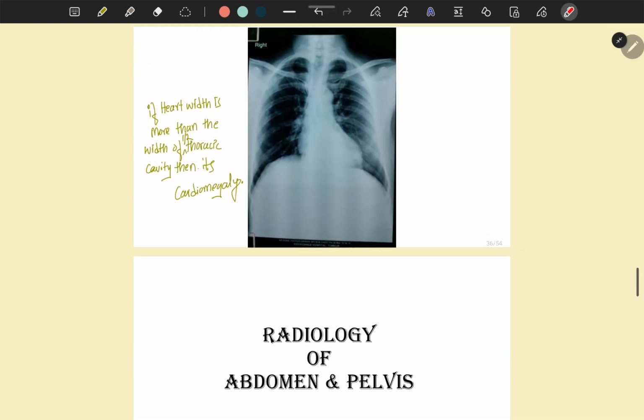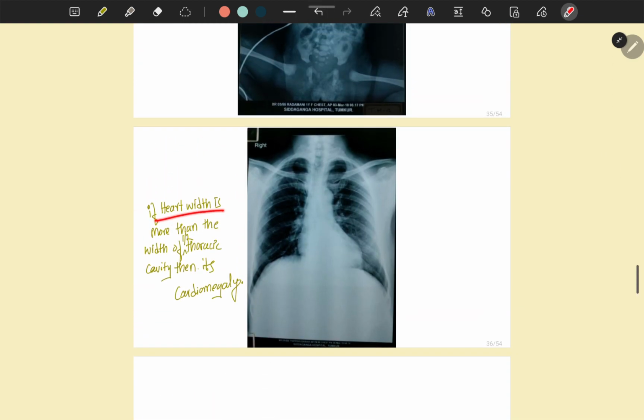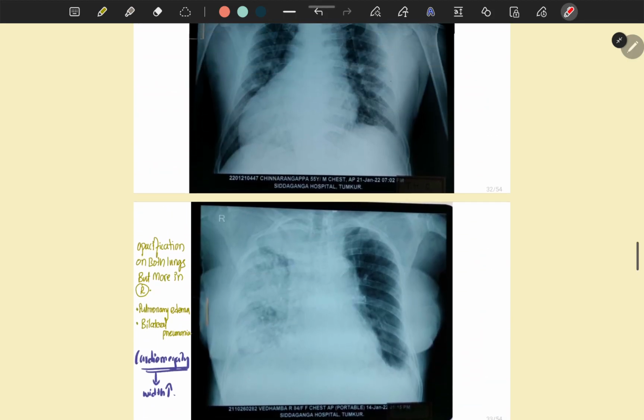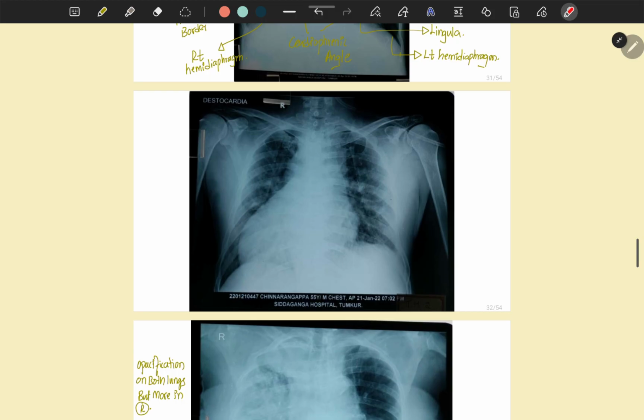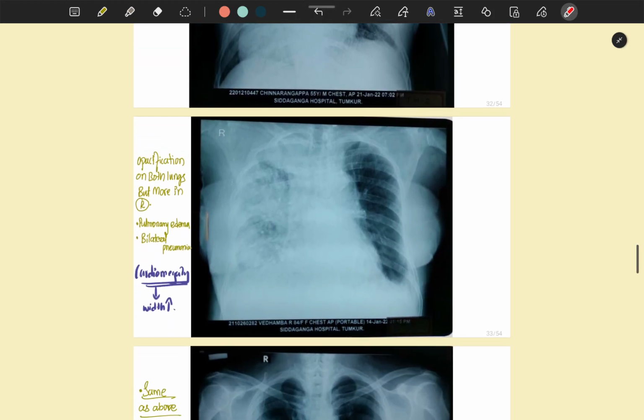See here I have written, if the heart width is more than half the width of the thoracic cavity, then it is cardiomegaly. Here by seeing only you can say that it is somewhat enlarged cardiomegaly, and also dextrocardia, where the heart is formed on the opposite side, that is the right side.